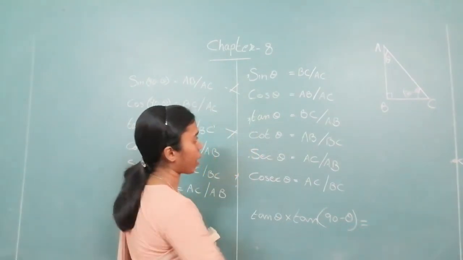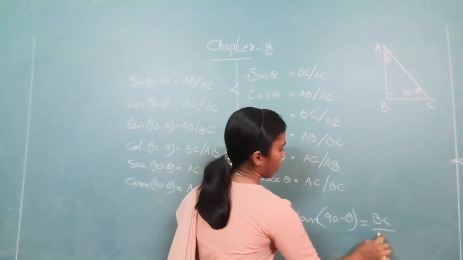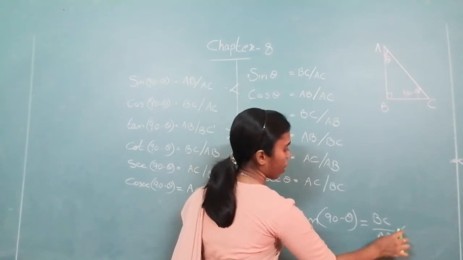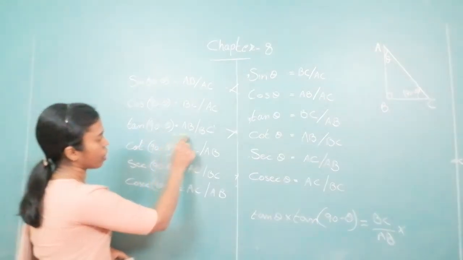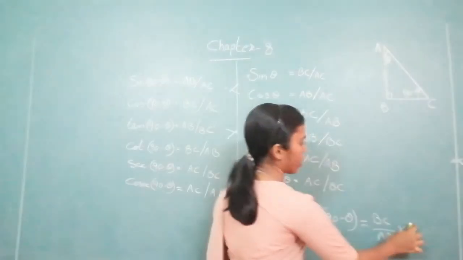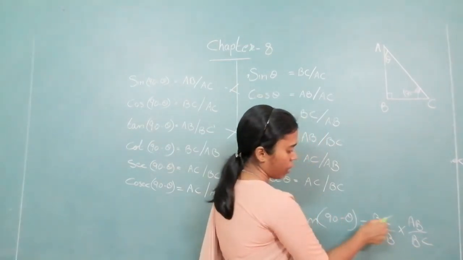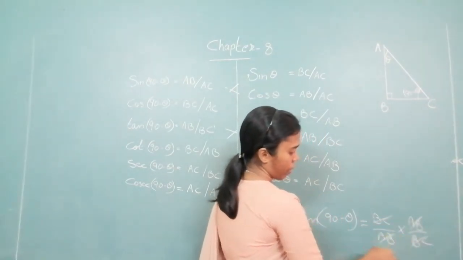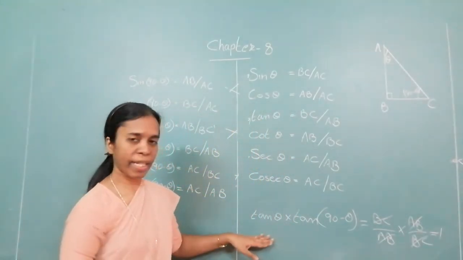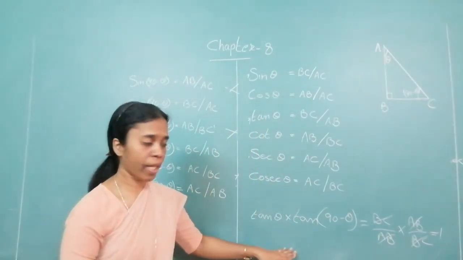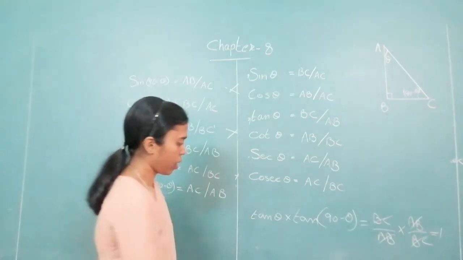Tan theta is BC upon AB, into tan 90 minus theta, which is AB upon BC. BC and BC get cancelled, AB and AB get cancelled. What remains? 1. So we have tan theta into tan 90 minus theta is equal to 1.